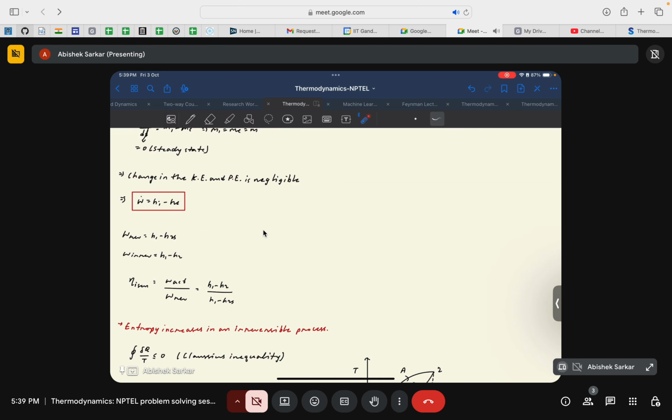It's not the generic efficiency term that we have defined till now, that eta is equal to net work by the Q input, which is a generic measure for all kinds of cycles and thermodynamic processes. Here it's something that we define depending on the device that we are considering.